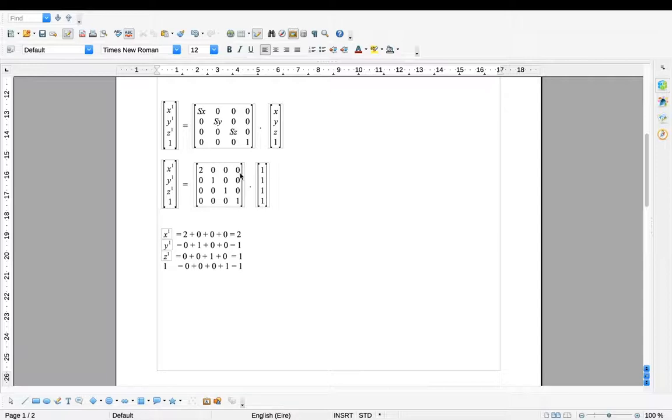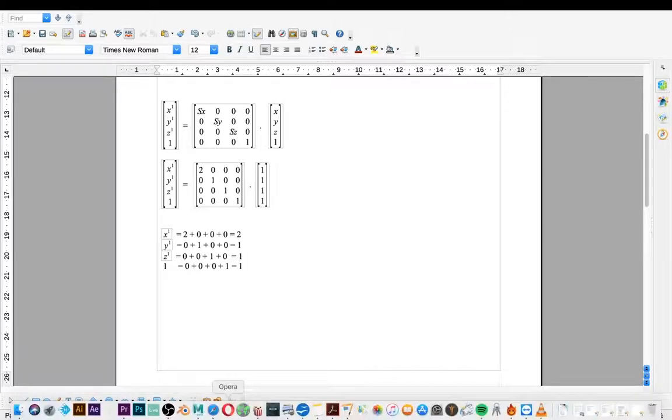So the origin will be 0, 0, 0, and basically we're just going to scale in the x by 2 and leave the y and the z, and you'll see that when you scale in the positive it moves in the positive x direction and the origin stays where it doesn't move essentially.